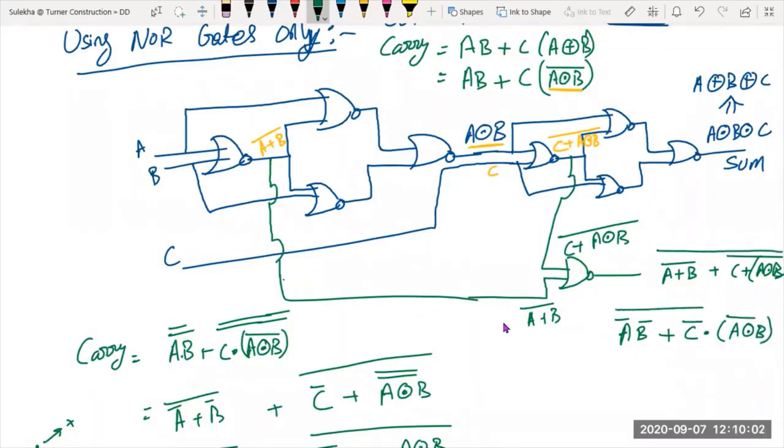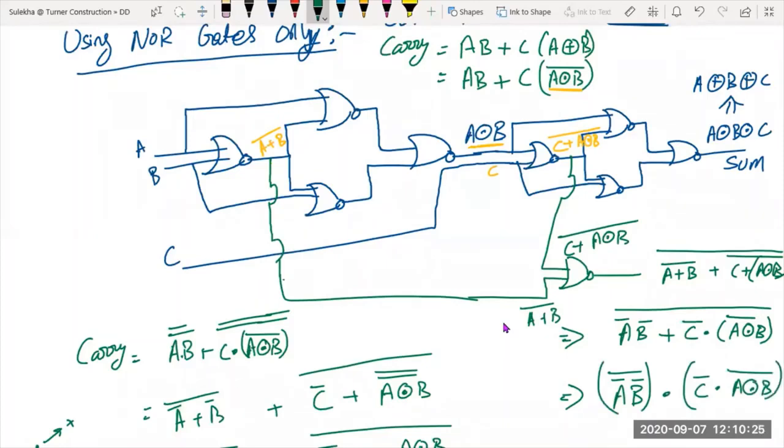This is also complement. And if I break this one further, because this is this plus this whole bar, this is A bar B bar whole bar dot C bar dot A XNOR B whole bar.